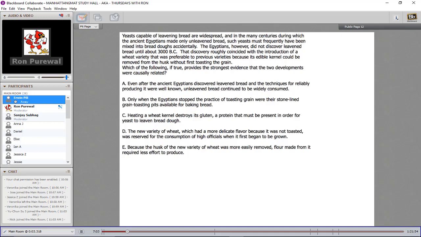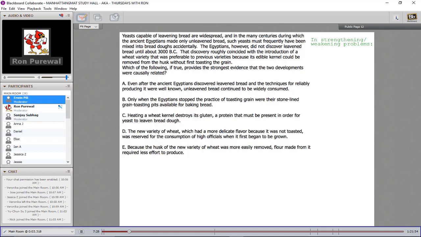When you do these problems, a couple of the important steps, which are elaborated more in some of these earlier sessions in the archive. In strengthening and weakening problems, a couple of the key elements are you have to clarify the argument.